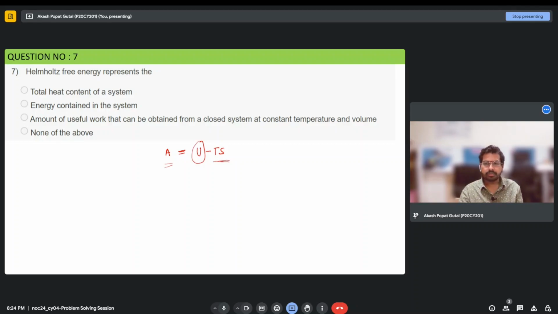That is what we call useful work. So A, the Helmholtz free energy, gives you the useful work that can be obtained from a closed system at constant temperature and volume. So the option must be option number C.